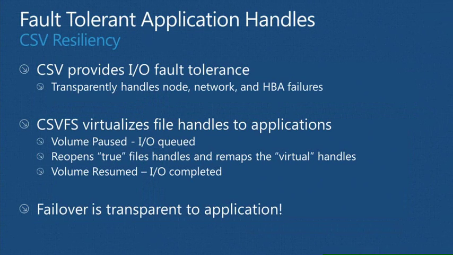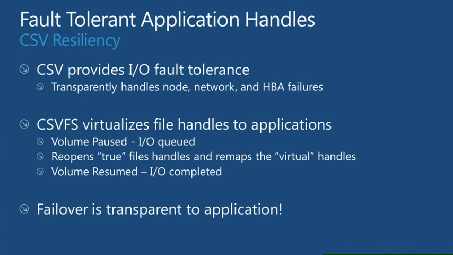So with CSV, you have I/O fault tolerance for node failures, network failures, HBA failures. So let me explain how we go about doing this. Say you have a VM running on CSV. What we do is we virtualize the application handle. And then under the covers, we open the handle to NTFS.